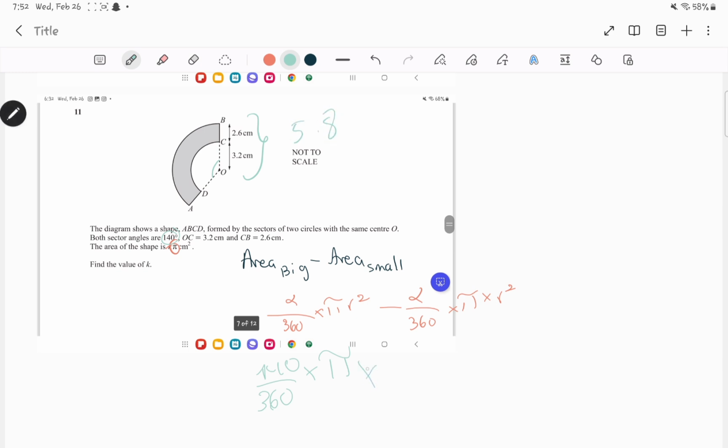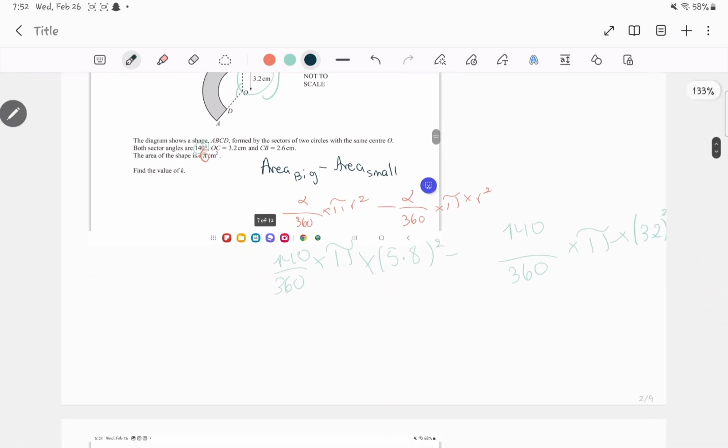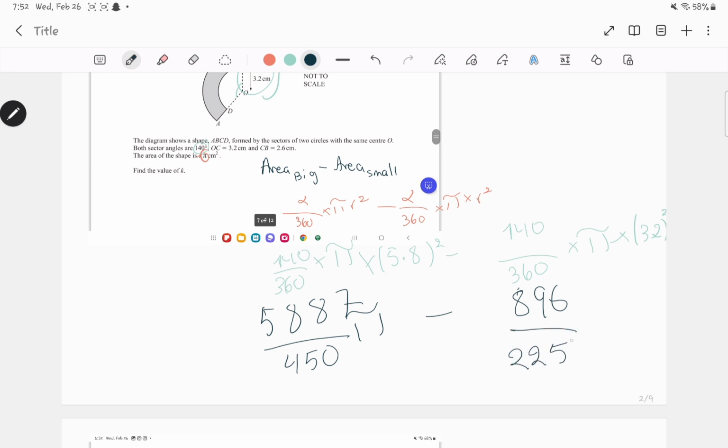So times 5.8 squared minus, again, 140 over 360 times pi times the smaller radius, which is 3.2 squared. If you put them without pi on the calculator, for the first one you are going to get 5887 over 450 pi minus the second one, which is 896 over 225 pi.